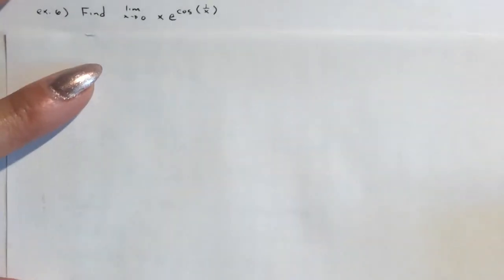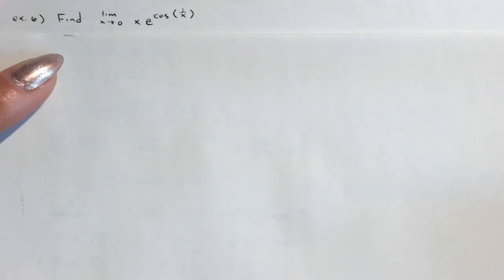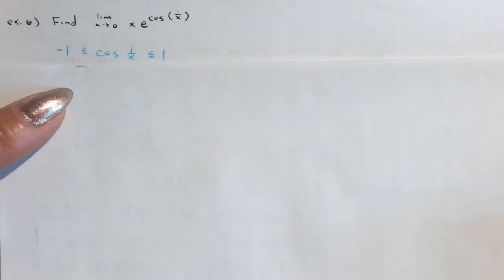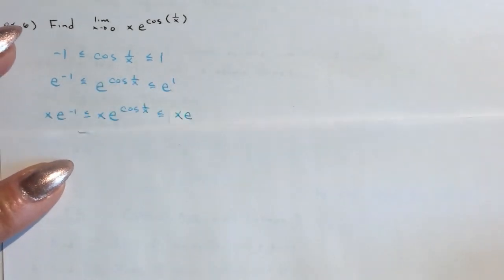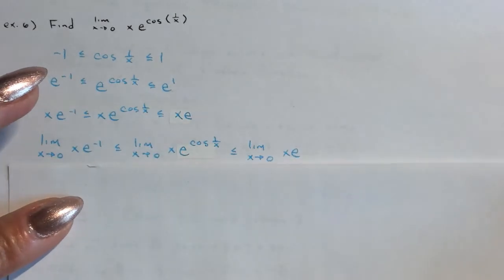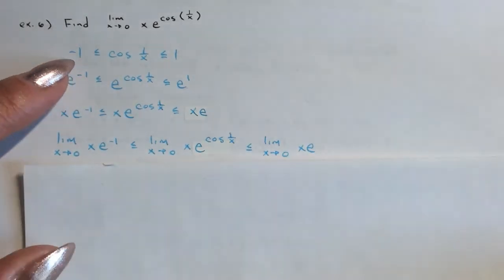Okay, so here is the last example for squeeze theorem. This one's different. What do you start with? Negative 1 and 1, what's in between? The cosine, and then e to the power, and then multiply by x, and then the limit. Okay, so how can you make this faster? You need this step, and then I would say you need this step.